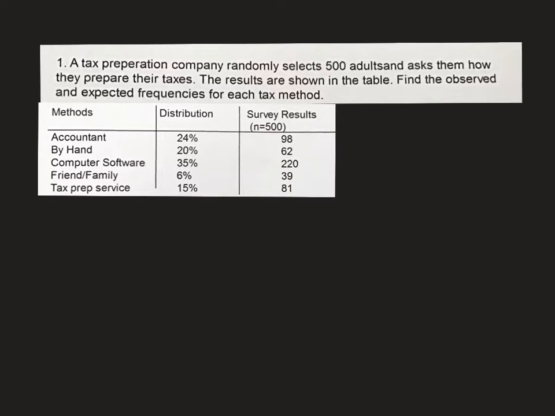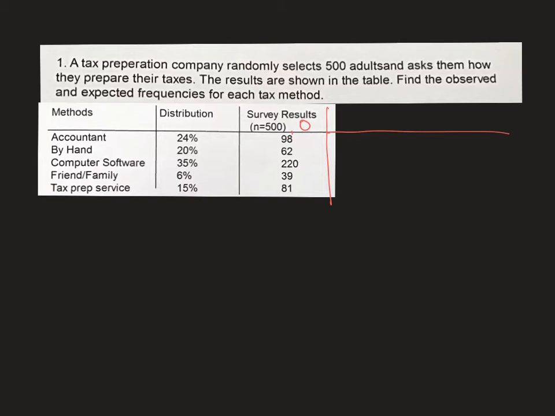Your observed frequencies are super easy because your observed frequencies are literally whatever your survey results were. So our survey results when n was 500 are listed here: 98, 62, 220, 39, 81. That's O. That's your observed frequencies. So you don't have to find those because that's in the data that's given to you.